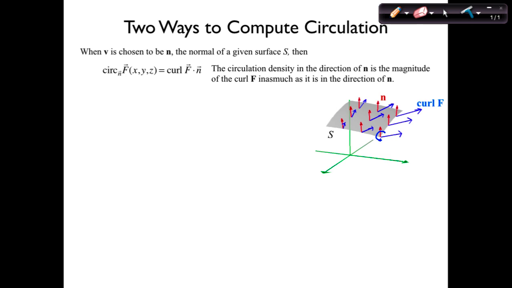That means that the rotation of F is in a plane like this, right? Okay, and so what are we going to do? We're going to take the curl of F dot n. So we're going to take as much of these curl vectors in the direction of n, or orthogonal to the surface.